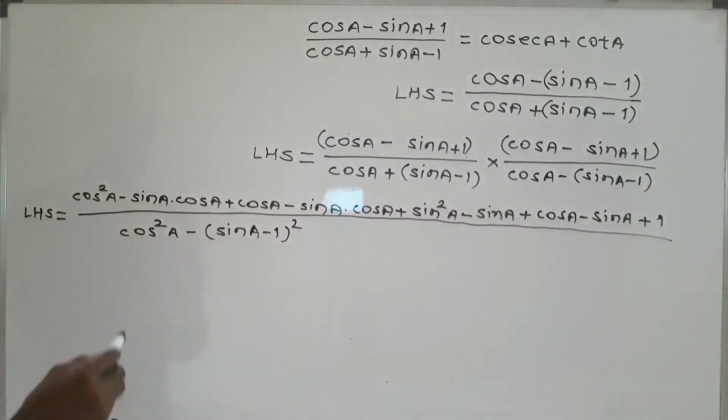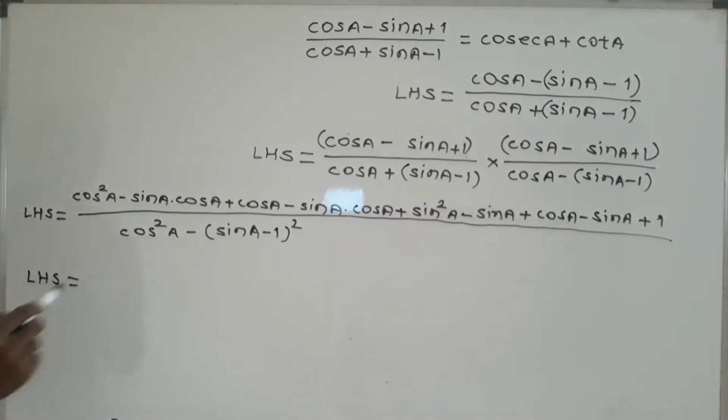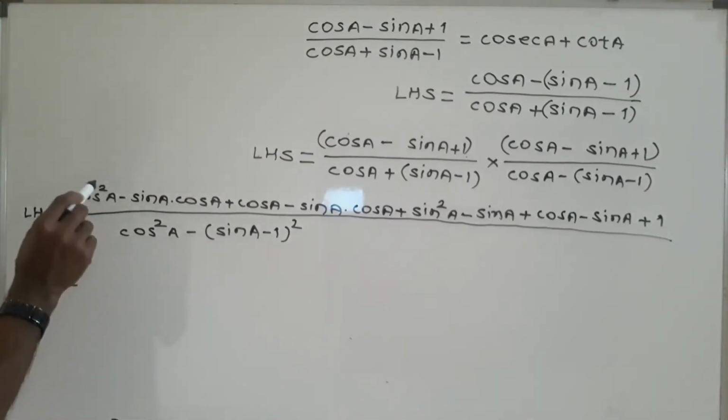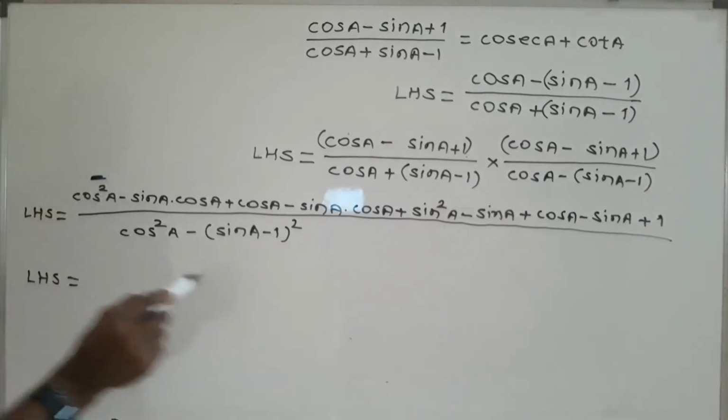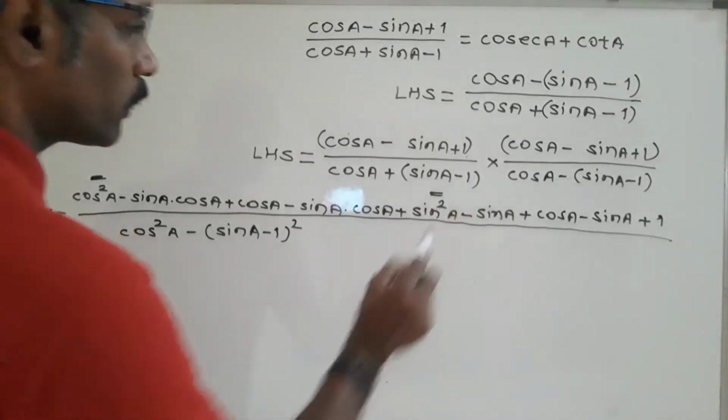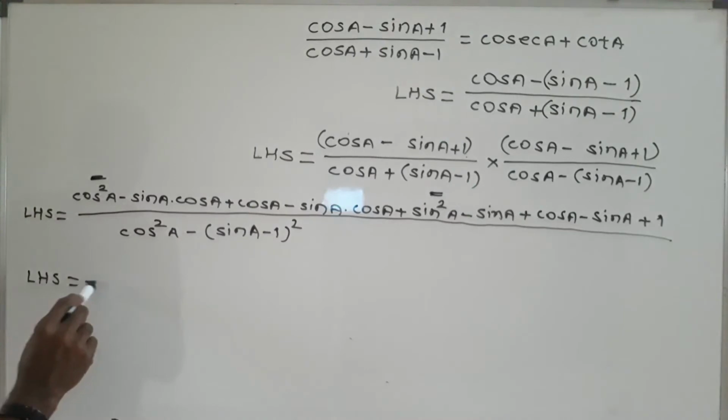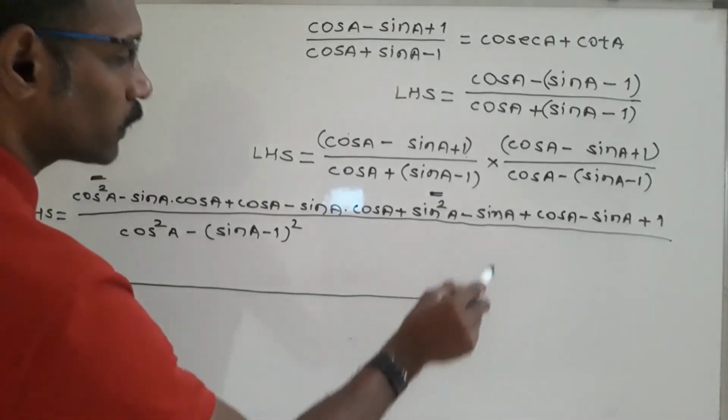Now see, LHS is equal to cos square A and sin square A means 1. I will write that finally.